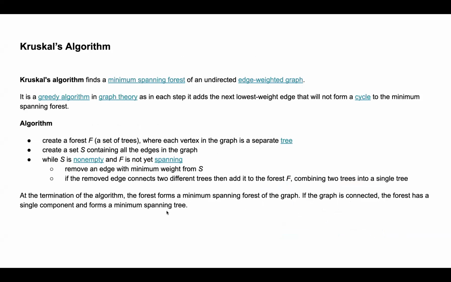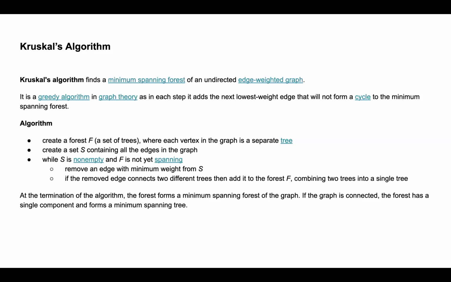Next is Kruskal's algorithm. What is there in Kruskal's algorithm? We will see. Kruskal's algorithm finds a minimum spanning tree of an undirected edge-weighted graph. The same type of data on which we use Prim's algorithm, we use for Kruskal's algorithm.